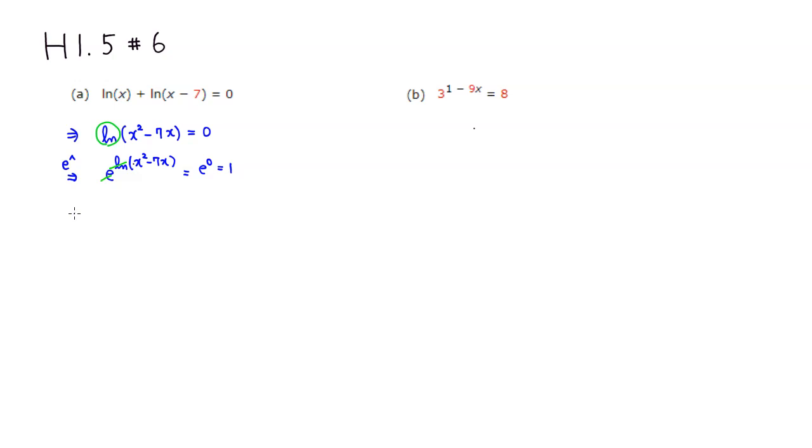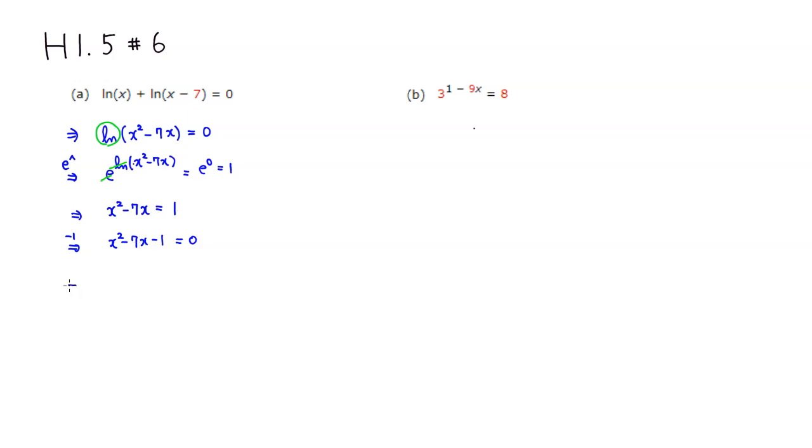So if you clean it up, you're going to get x squared minus 7x is equal to 1. I'm going to subtract 1 from both sides so that everything is on the left-hand side of the equation and the right-hand side is 0. So I'm going to solve for x.